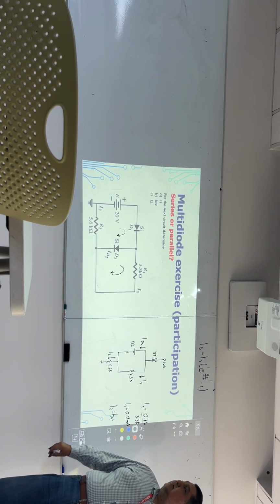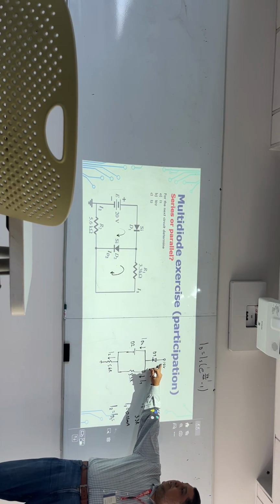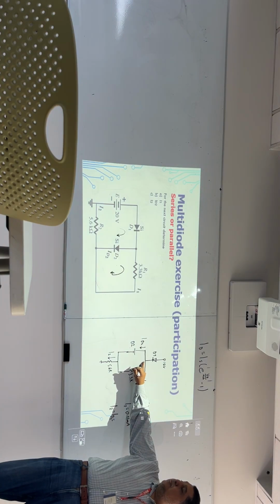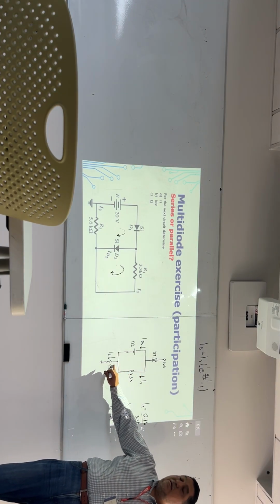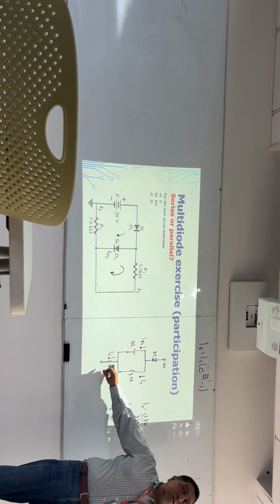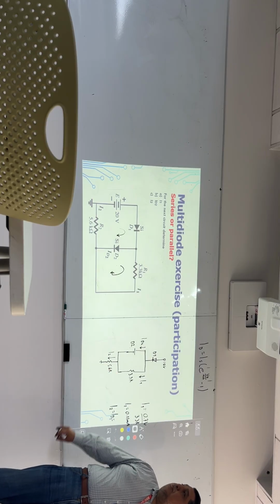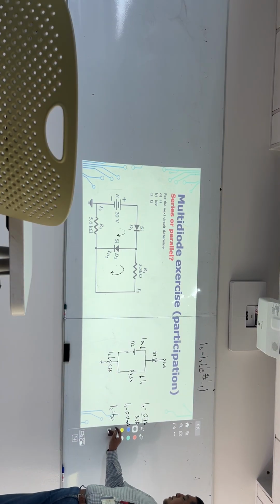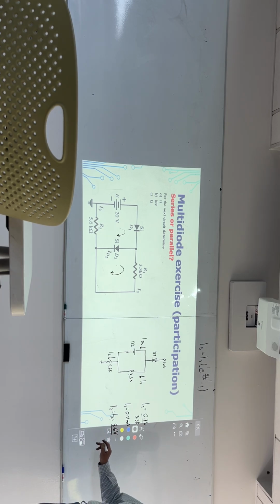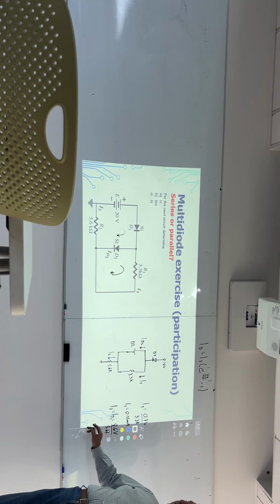And in this case, please know that I can do 10 minus 0.7 minus 0.7, and I get this value. 10 minus 1.4, 8.6. So 8.6 volts divided by 5.6K. And this is going to be ID1 or I2.